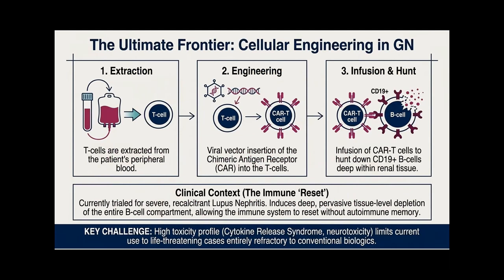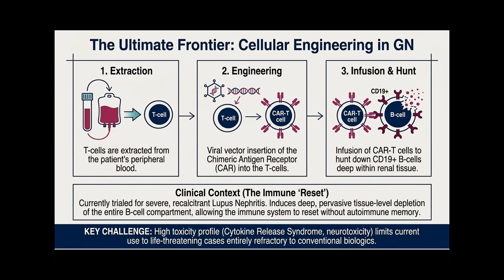Extraction. T cells are extracted from the patient's peripheral blood, and they are engineered using a viral vector, adding a chimeric antigen receptor, CAR, to the T cells. Now CAR T cells are formed, that is engineered T cells, and they are injected into the patient. Now what will they do?